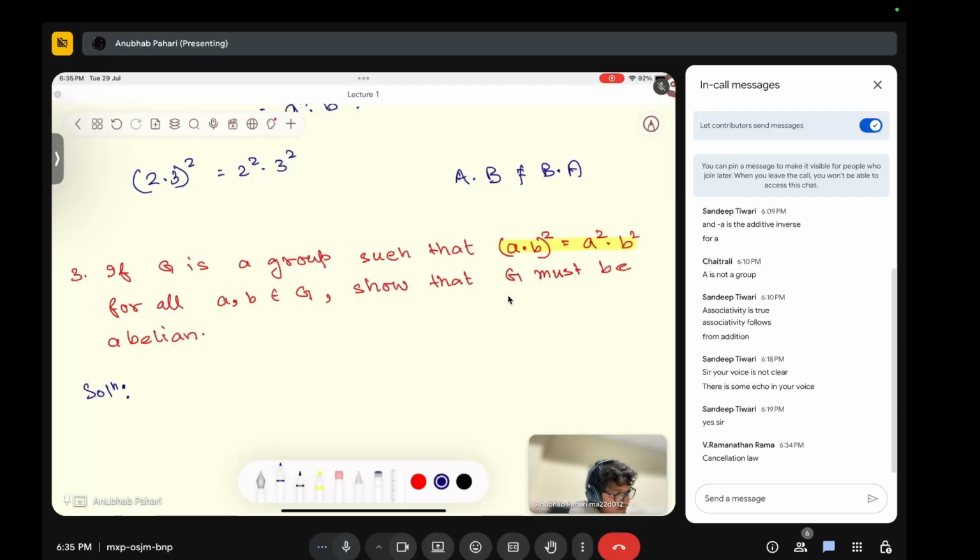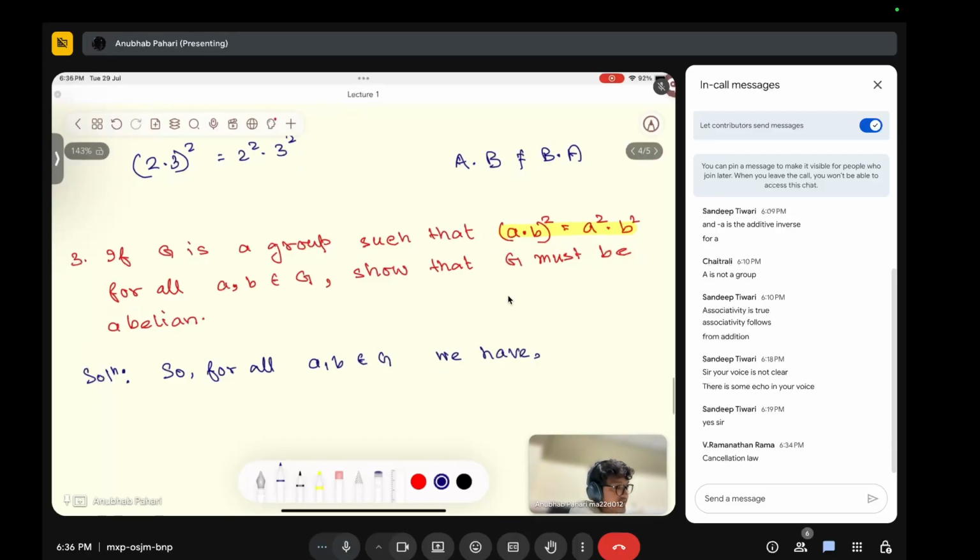Okay, so for all a, b of G, we have (a.b) square equals a square . b square, right?